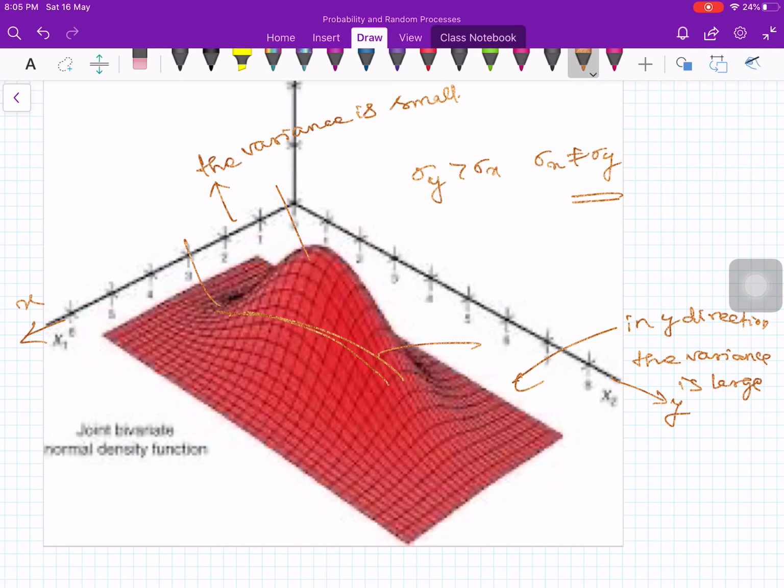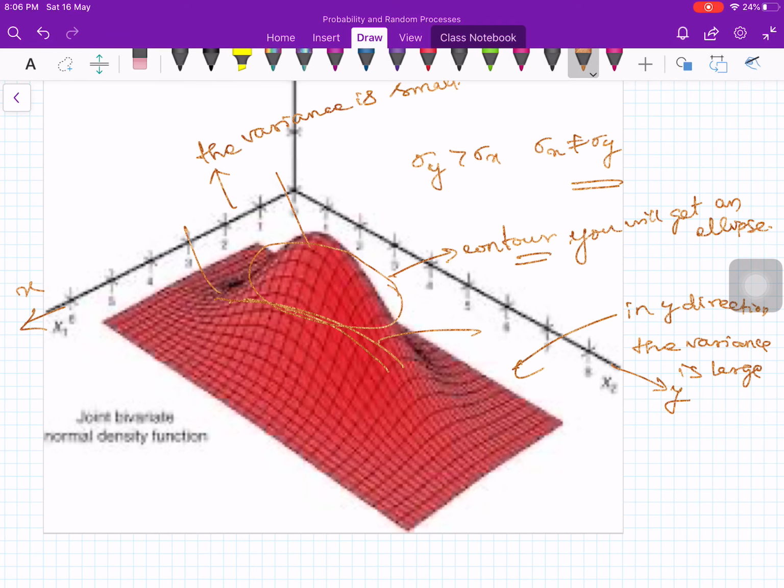Therefore if you draw the contour for this, you don't get a circle, you get an ellipse in this case. These would be the different contours, and the contours are places where the joint PDF is constant.